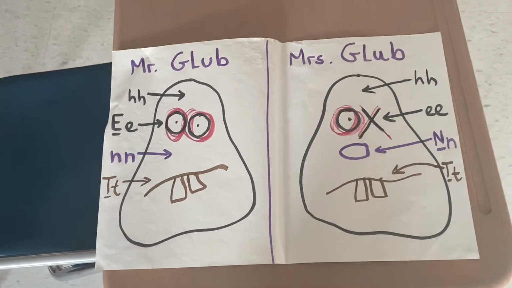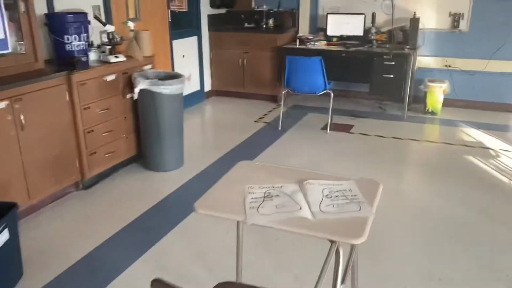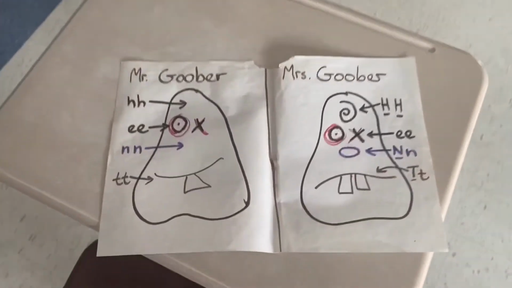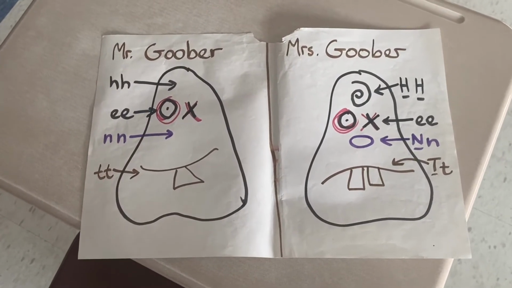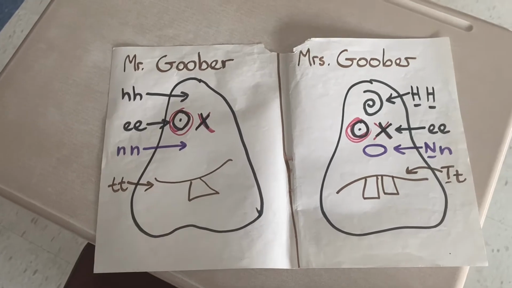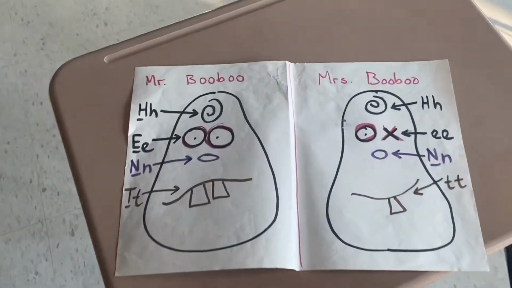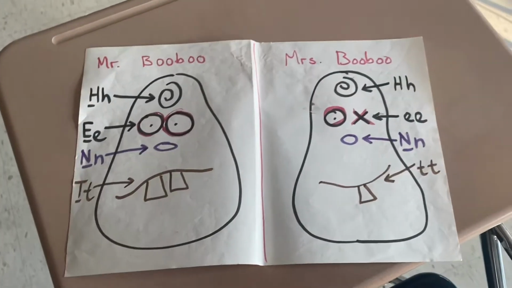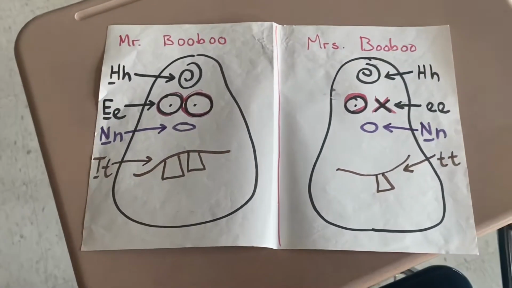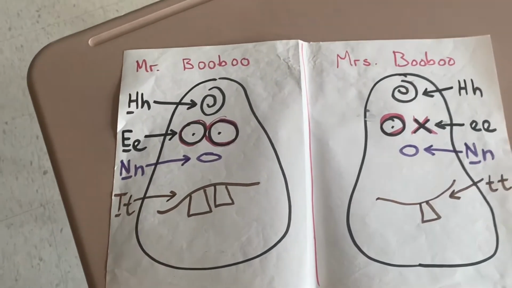And then in this room, we had Mr. and Mrs. Goober, who just had a brand new baby, really excited to get their baby back. And then finally, the Boo-Boos. How's it going, Mr. and Mrs. Boo-Boo? Now they're getting a little antsy because it's been a few minutes and they have not yet gotten their baby back. So those are the Glubbs, the Goobers, and the Boo-Boos.